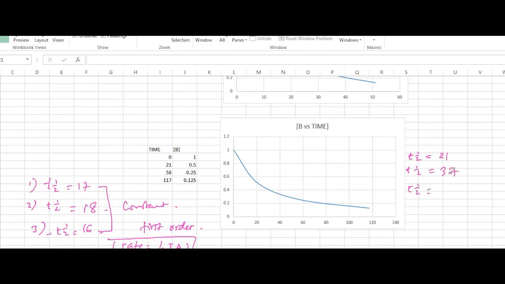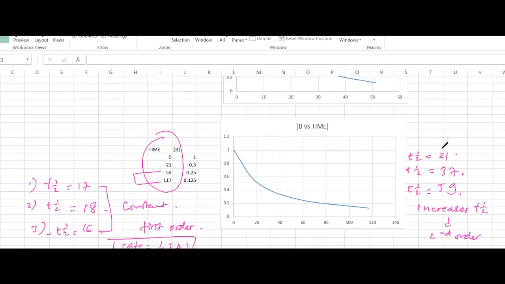The third half-life is 117 minus 58. I get the value from this. The result is 59. So you can see that the successive half-life increases: 21 to 37, 37 to 59. The half-life increases, so this means this is a second order reaction.